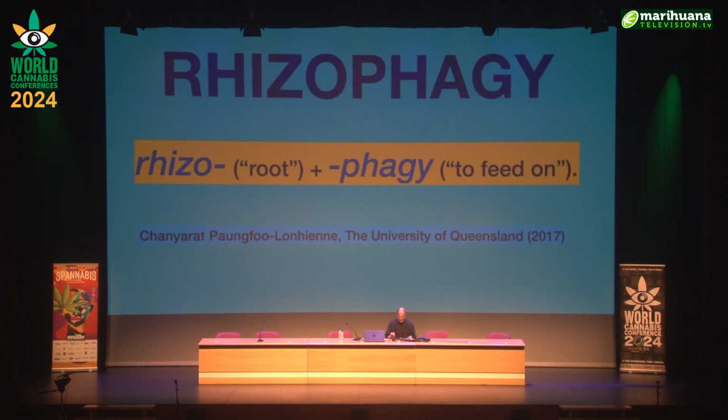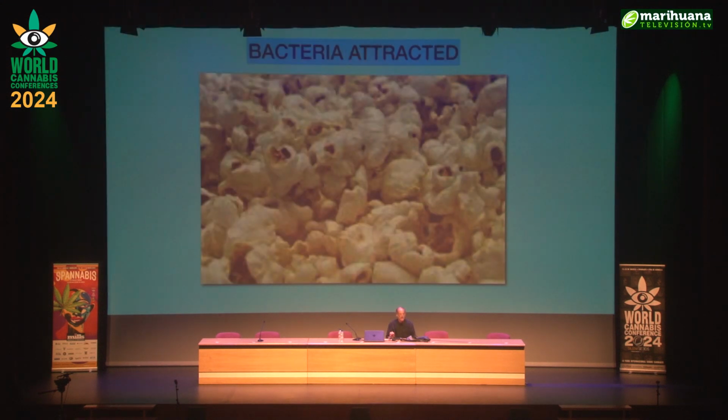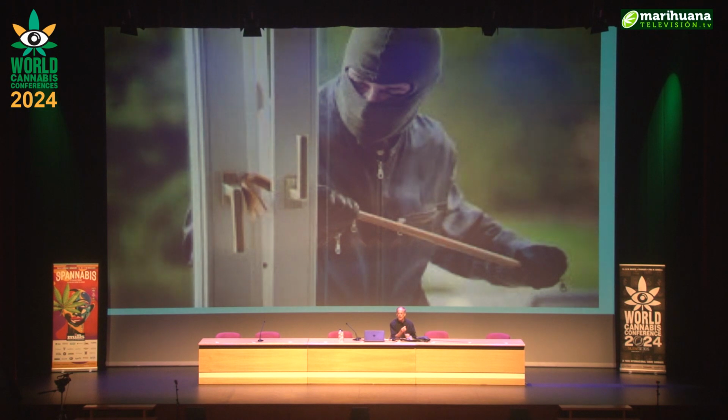Okay, rhizophagy, root to feed on. And here is a root with bacteria that have been attracted to it, and you can see the root hairs up in the corner. And these bacteria are rhizophagy bacteria. They get a little smell. They smell popcorn. And the popcorn causes them to break through the cell wall of the very, very young cells that are meristem cells in the base of the root.